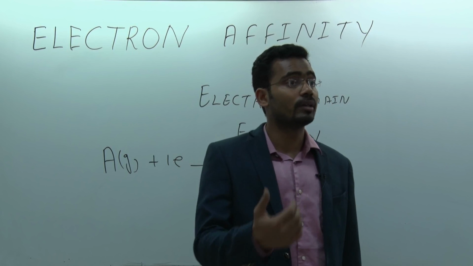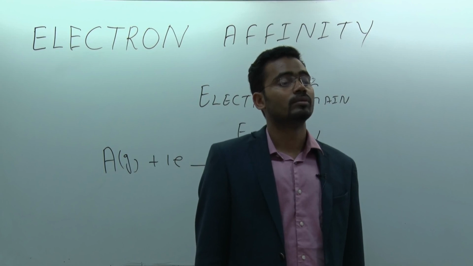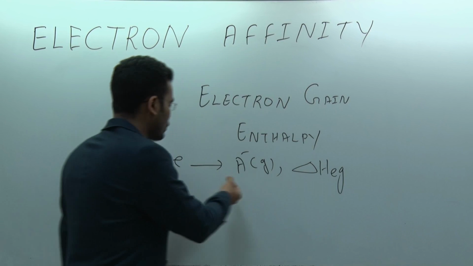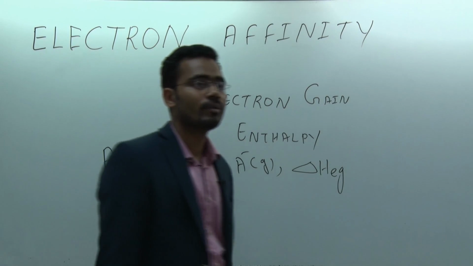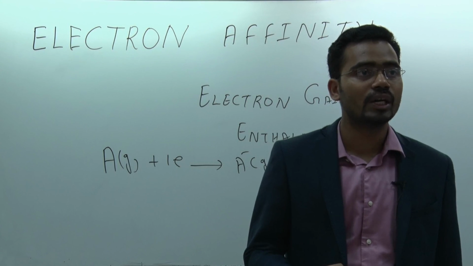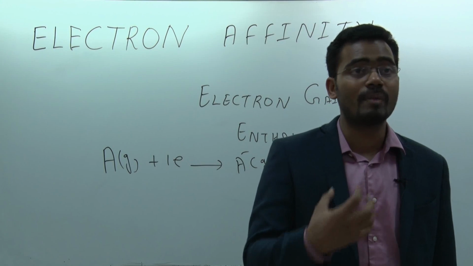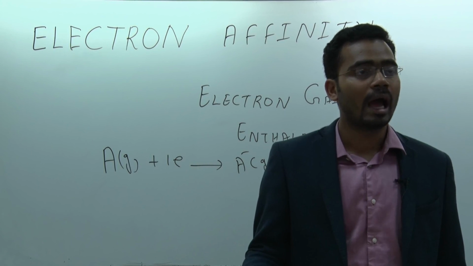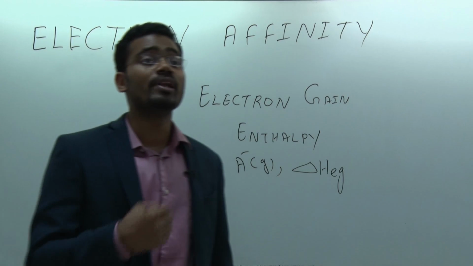An electron has both mass and velocity, so some of the kinetic energy will be released. Also, why will the electron come closer to A? Because A has effective nuclear charge, and therefore it attracts the valence electron, the outer electron, the surrounding electron, and this electron comes closer to A because of nuclear charge.